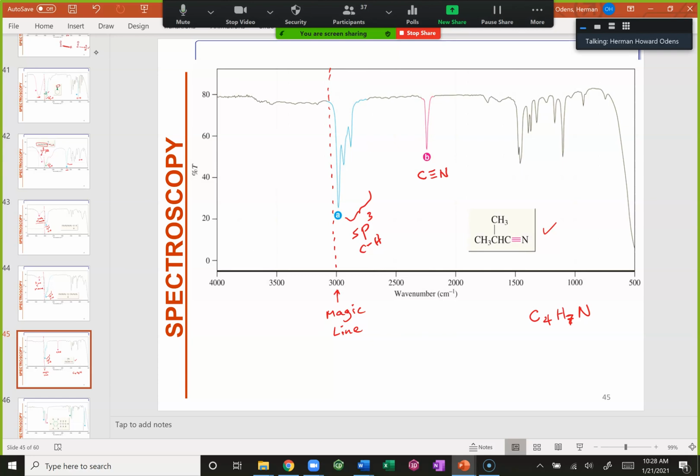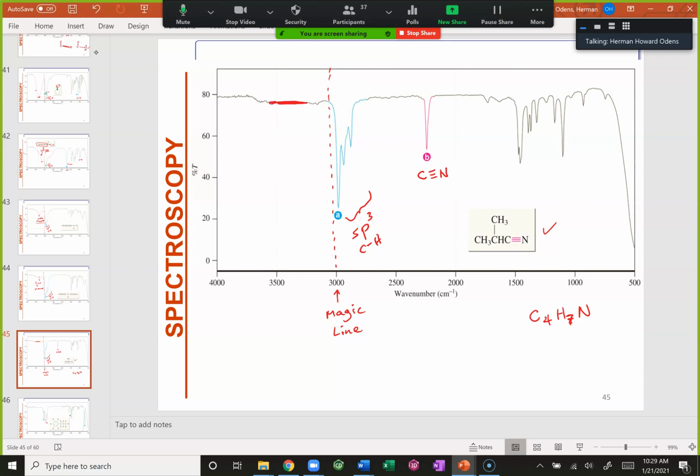And then when you have those 3 degrees of unsaturation and you don't have anything here, the only other functional group that could maybe confuse you a little bit might be the tertiary amines, but you can rule them out.